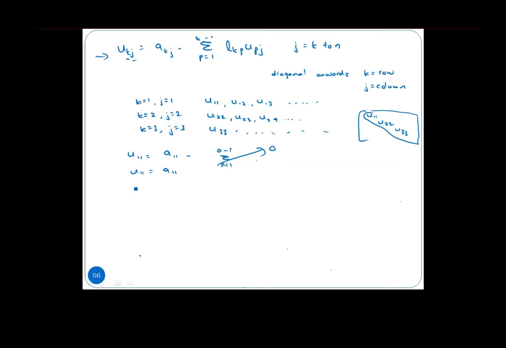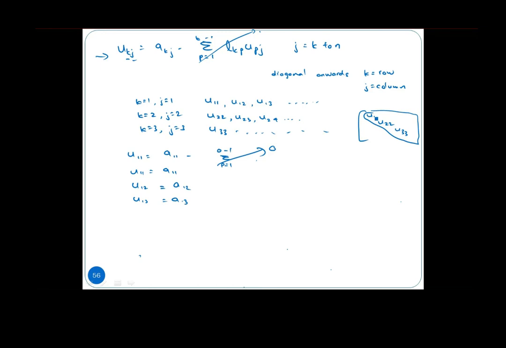Similarly, if you are looking for U12, because your K, the first row, is 1, the summation parts are all 0. So it's equivalent to A12, and U13 is equal to A13.